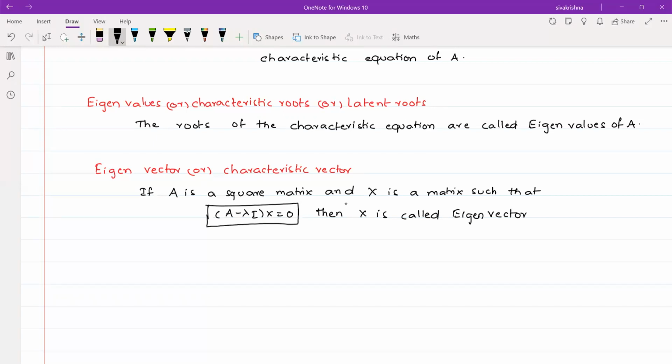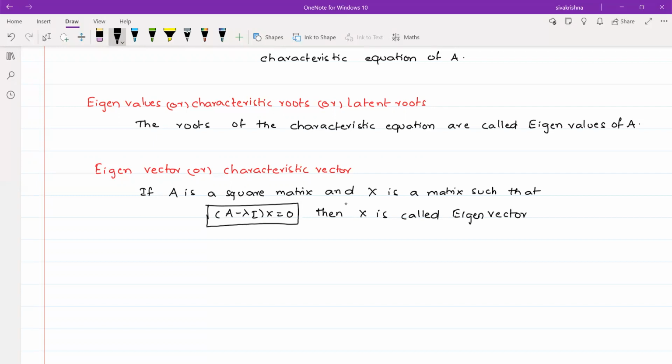So this is the information about eigenvalues and eigenvectors. Once again, eigenvalues are nothing but the roots of the characteristic equation.